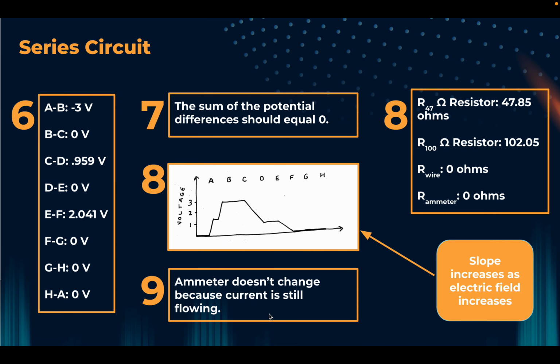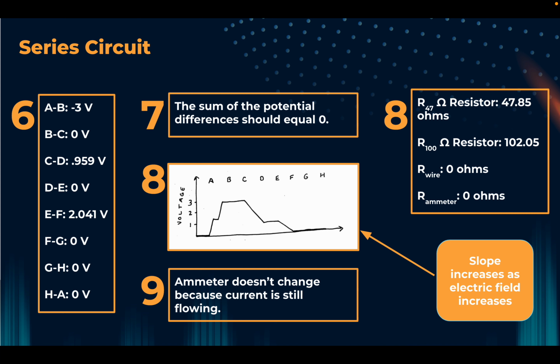Moving on to the next few questions in the lab, calculating all the potential differences from point to point is listed at part 6 there. If you add all of them up, you find that the potential difference is equal to 0, which is what we want it to be.